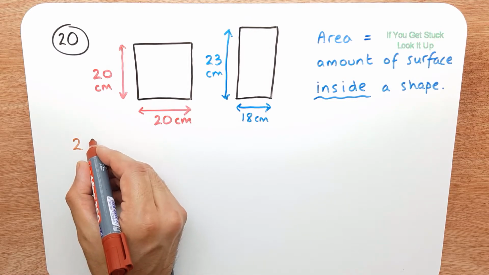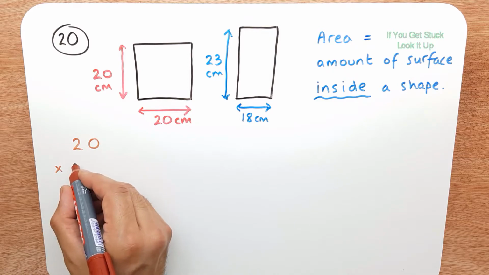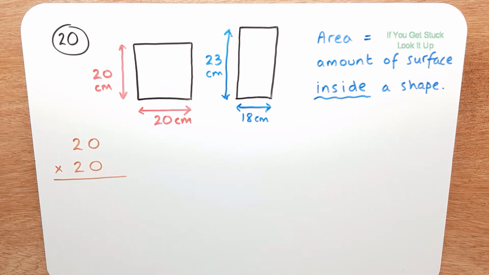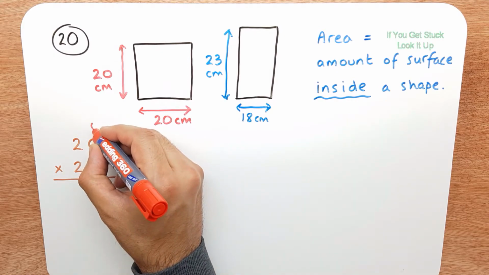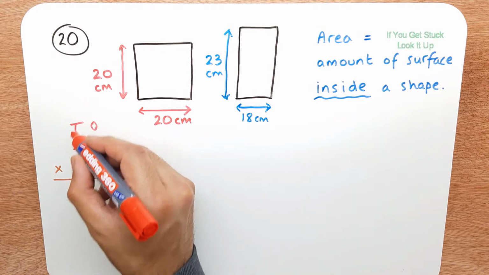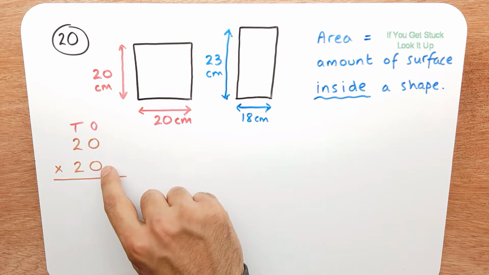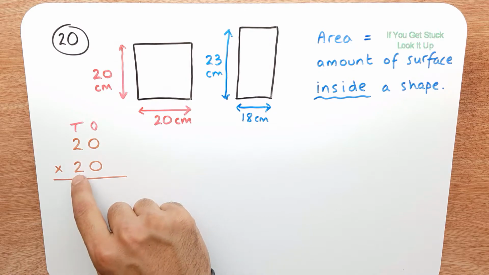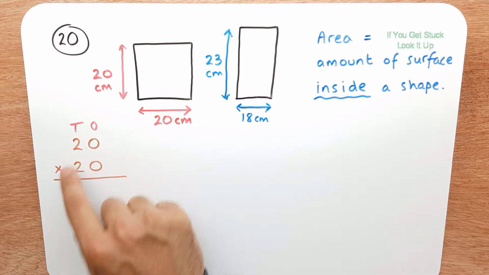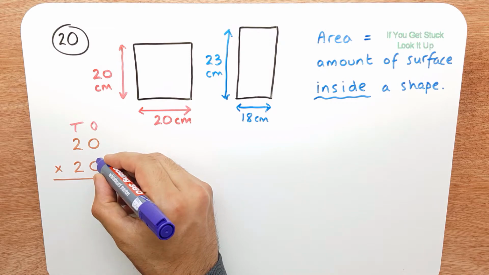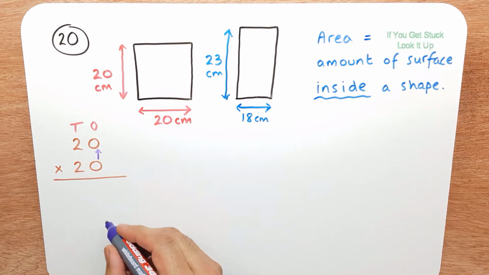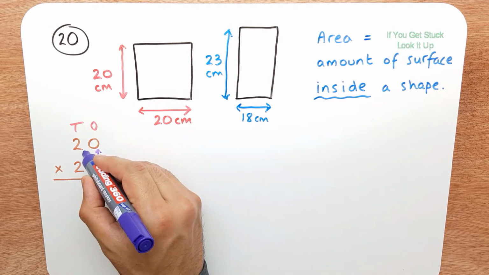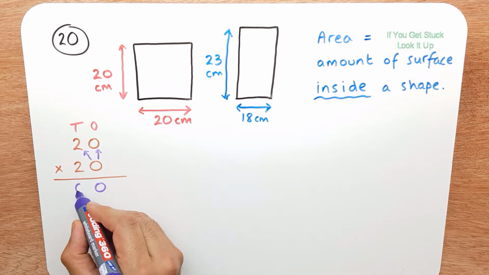Now I can do it this way, 20 times 20 in columns. And we know that this is the ones column and this is the tens column. So what I'm going to do is multiply the 0 with both the digits and then the 2 with both the digits. So let's start. 0 times 0 is 0 and 0 times 2 is 0.